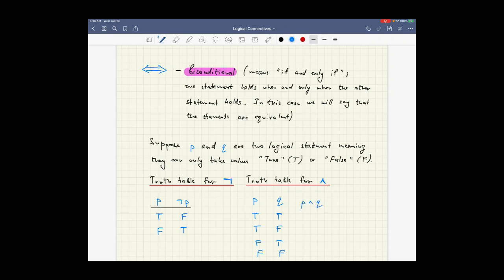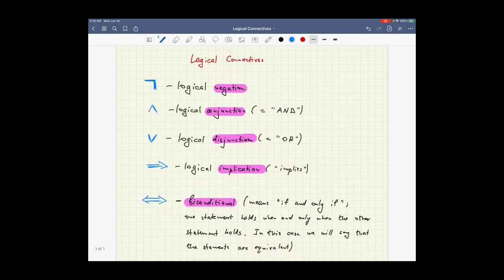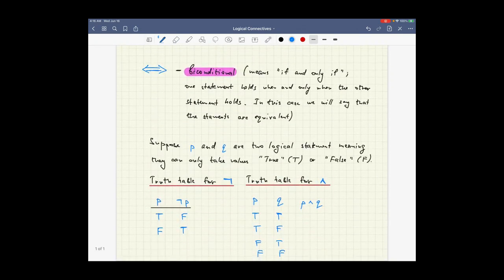Well, this is a pretty simple matter. Logical conjunction returns truth if and only if both arguments are true. So it's only when both P and Q are true that P and Q will be true. In all other situations, the returned value will be false.